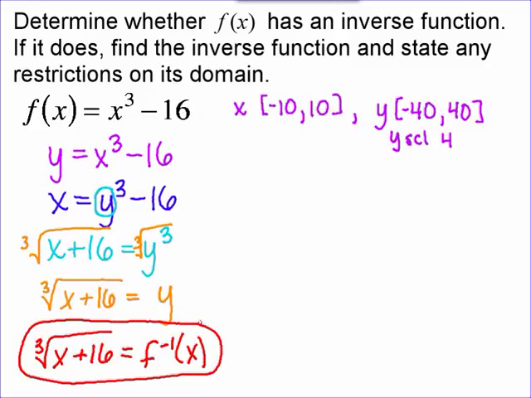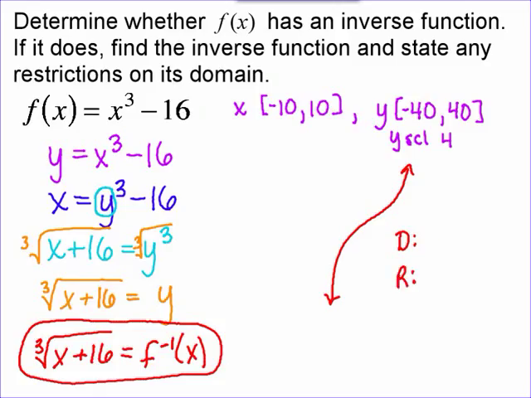So very first step, you replace f of x with y. You switch x and y, solve for y, and then replace y with f inverse of x. So that's the inverse. Now what we need to do is state any restrictions on the domain. When I think about this original graph, what were the domain and the range?